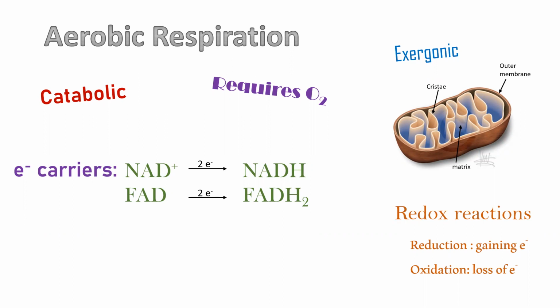Now, something I didn't put on this slide, purely by accident, is the words OIL RIG. So I would definitely add that to your foldable or your notes. This is a helpful way to remember the definitions, because for OIL, oxidation is loss, and then RIG, R-I-G, reduction is gain.